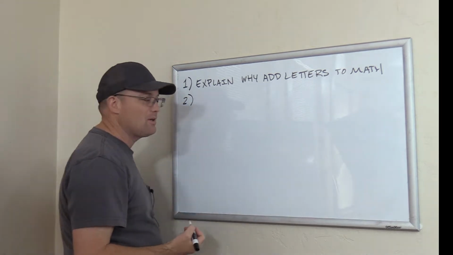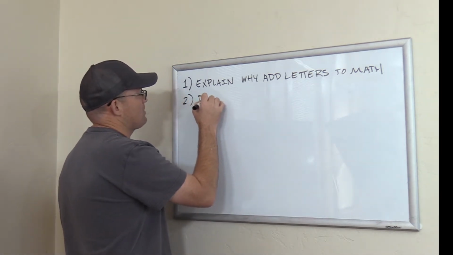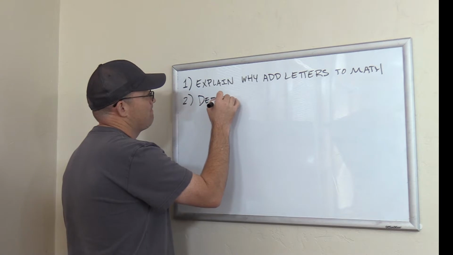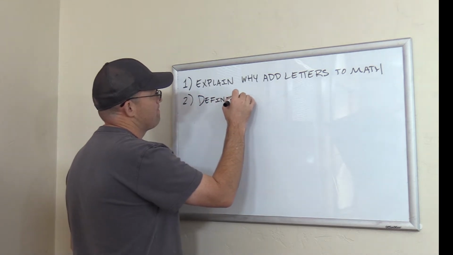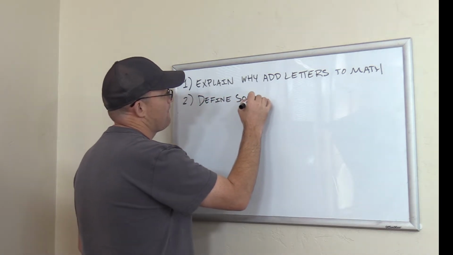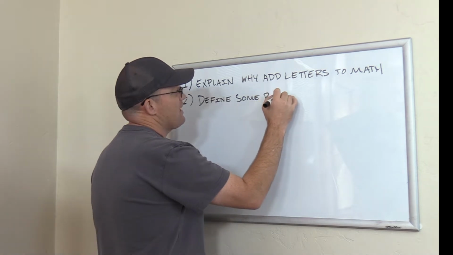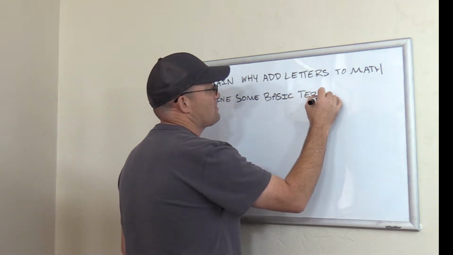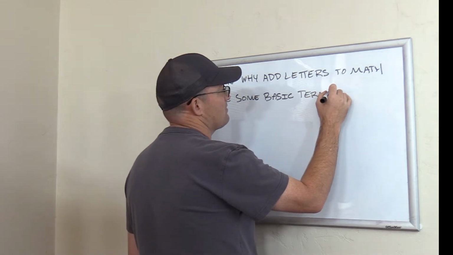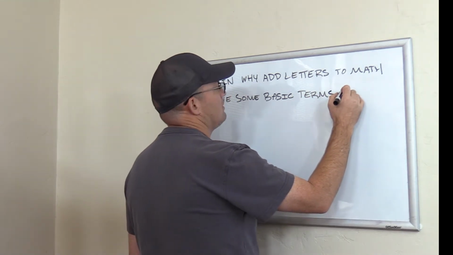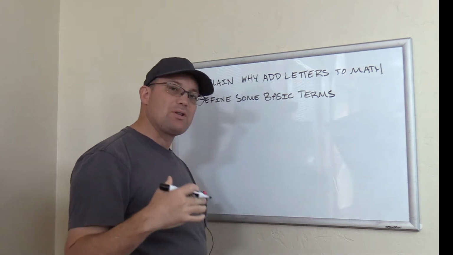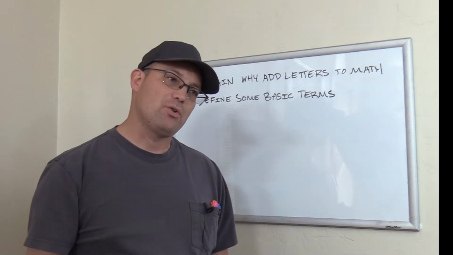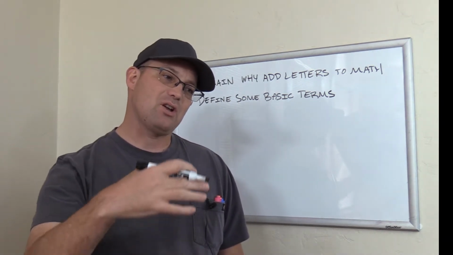The second thing we're going to do is define some basic algebra terms. The reason that's important is I'm going to be using those terms as I teach you some basic tools of algebra, and so it's important that we have a common vocabulary. In other words, we're using the same names to talk about the same things.